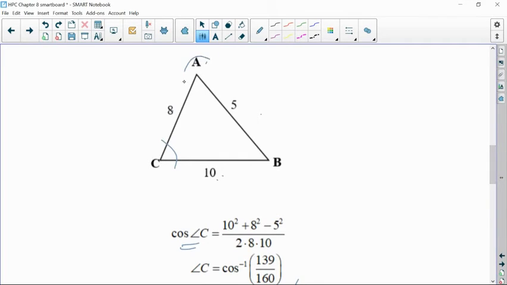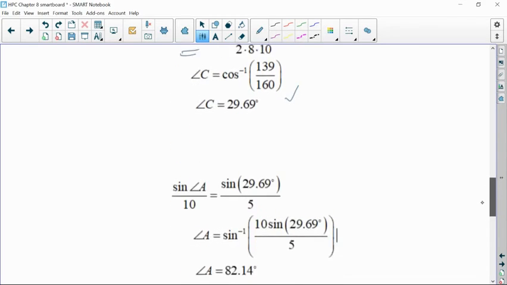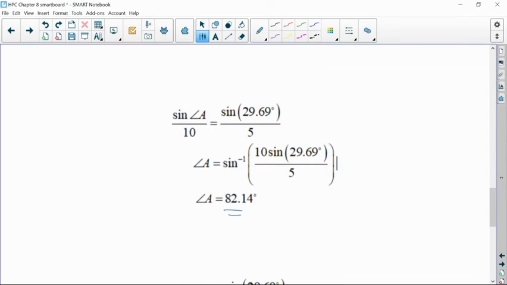And here's my caution. Angle A is opposite the largest side, 10. So if any of these angles were going to be obtuse, it would be A. So that's a little suspicious, right? A is suspiciously obtuse. If you're going to find the next angle and one of them might be obtuse, then what you should have done was solve for angle B first, then angle A. Because if you solve for angle A, your calculator gave you 82.14.